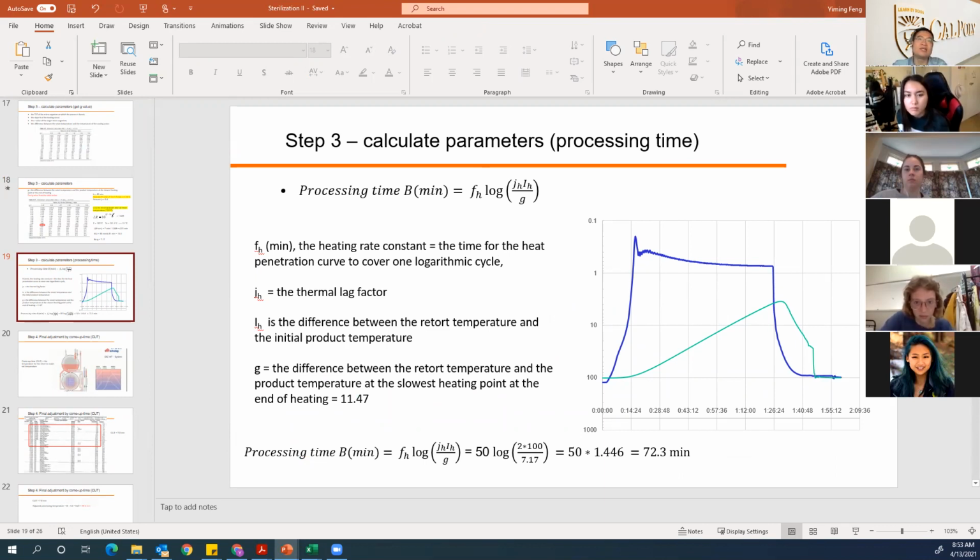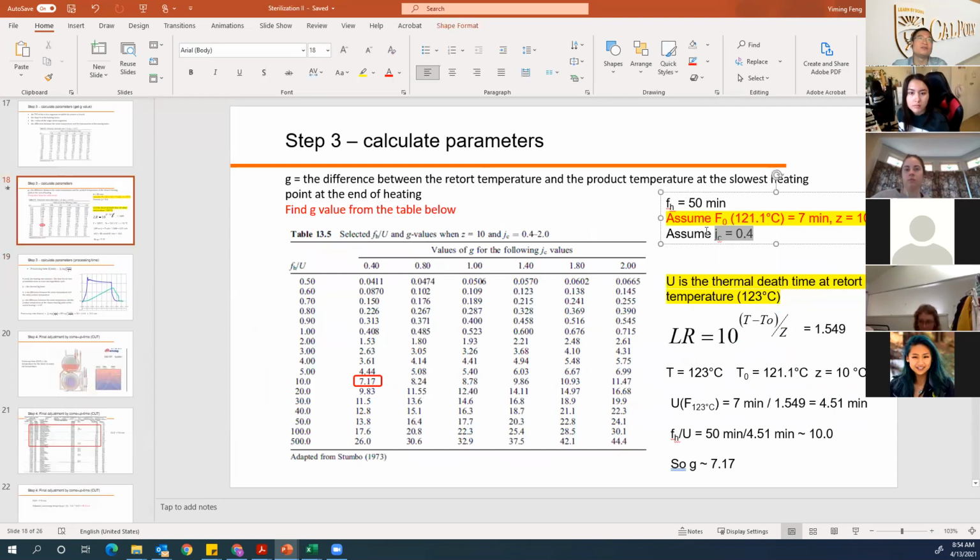In that case, we cannot calculate the cooling lag constant, so I have to give you an assigned value for you to calculate. This is just an assumption because our data does not support a reasonable calculation, since our cooling is not done yet.